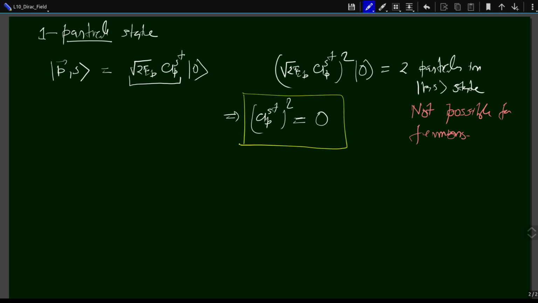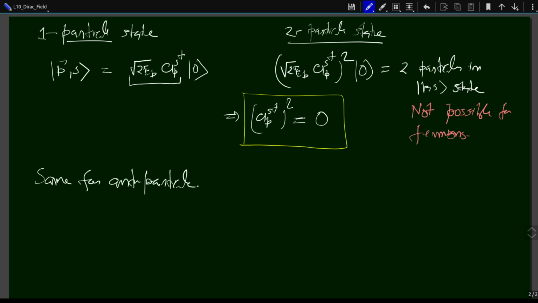This is the one particle state, and this is the two particle. Same for the antiparticle. Using a similar argument, I'll get b_{p s} whole squared is equal to 0.